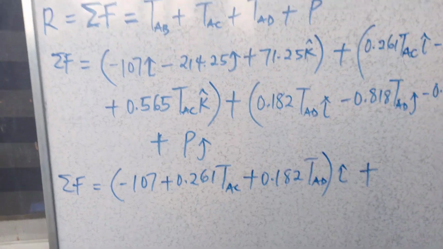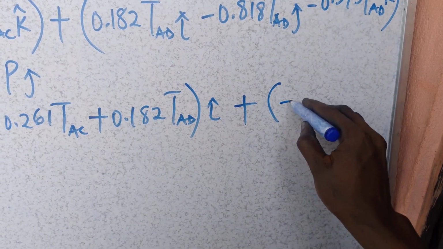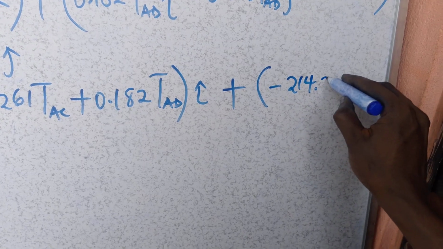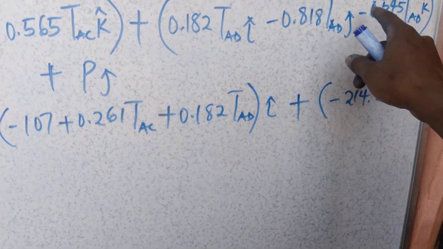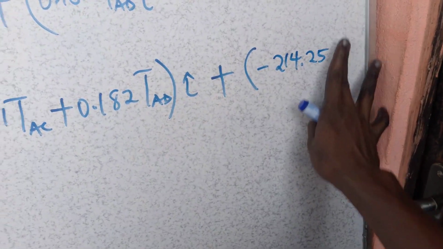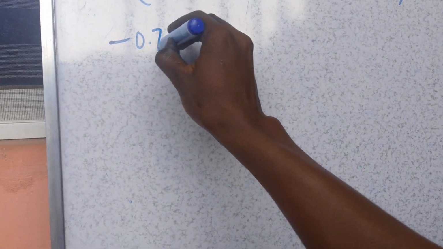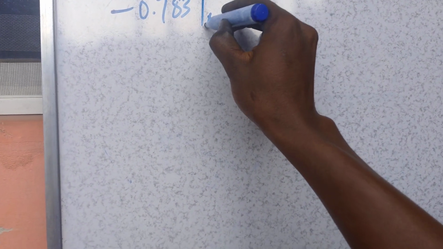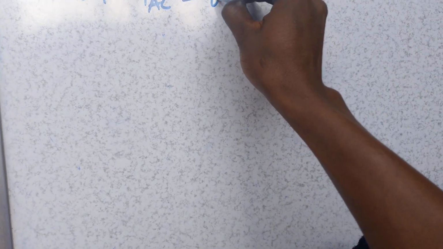So taking all the J coordinates now, I have minus 214.25 plus, okay, sorry, this is negative. It's negative. That's minus 0.783 TAC. And the next one is minus 0.818 TAD plus PJ.